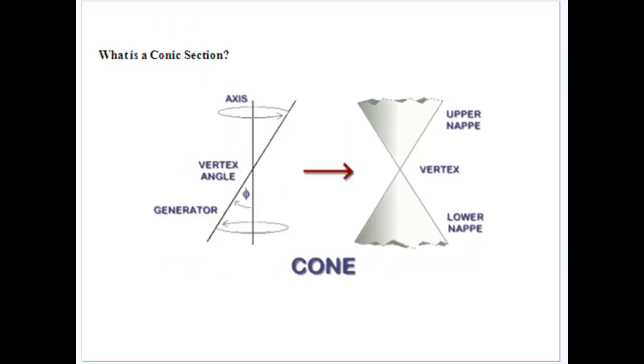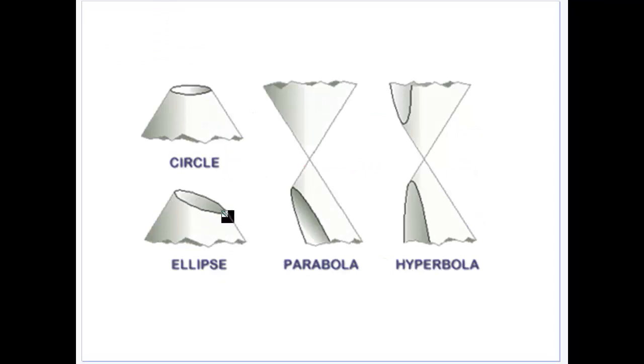Depends on what we want to call it. So the angle is not as great as the slant angle, somewhere between 0 and the slant angle. Any one of those, we get an ellipse.